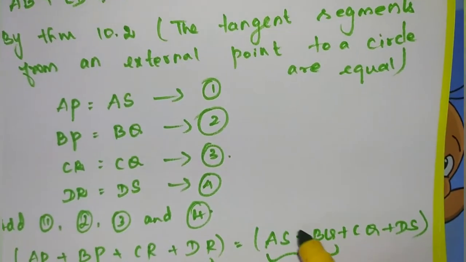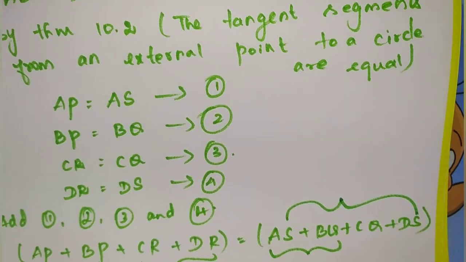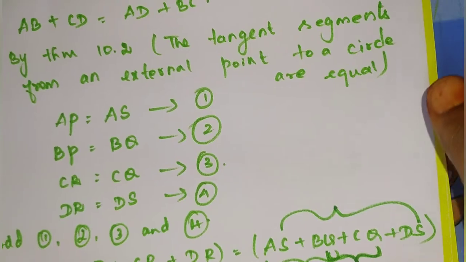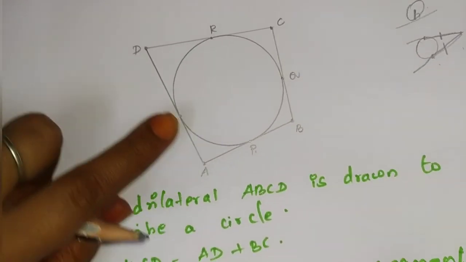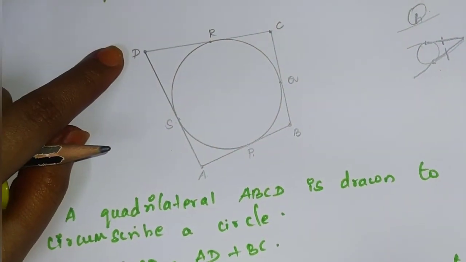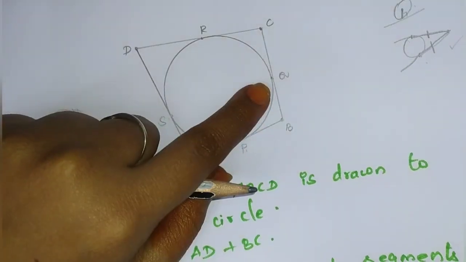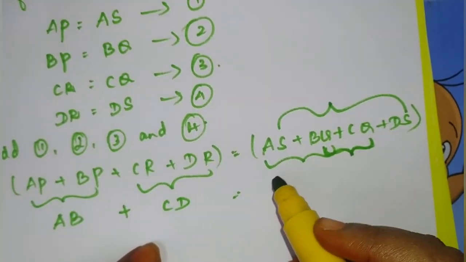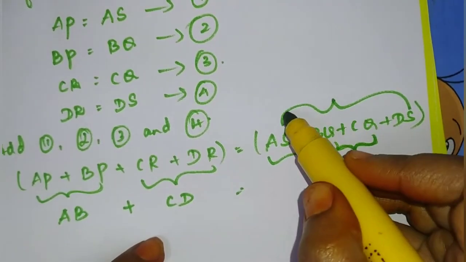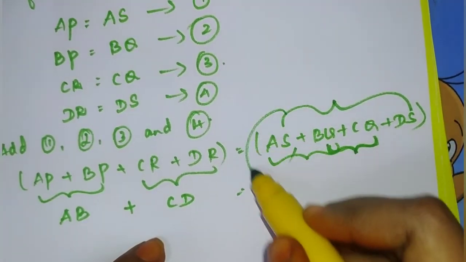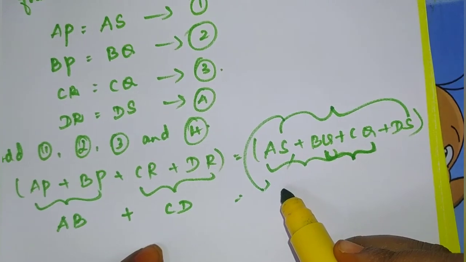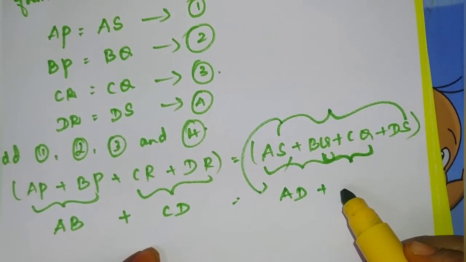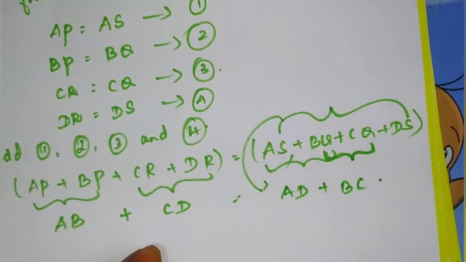Not these two, these two. This one and this one. Clear, children? AS, DS. And then BQ, CQ. This will be AD and BC.